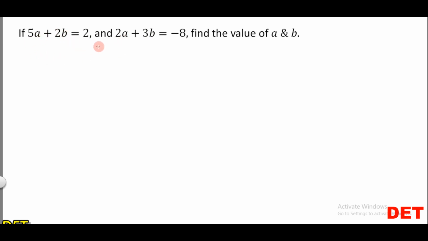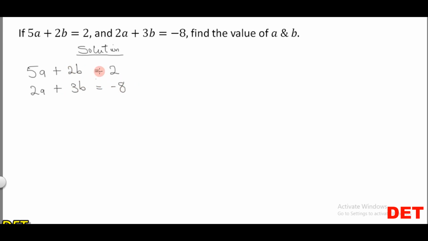We have two equations. The first equation is 5a plus 2b equal to 2, and the second equation is 2a plus 3b is equal to minus 8.